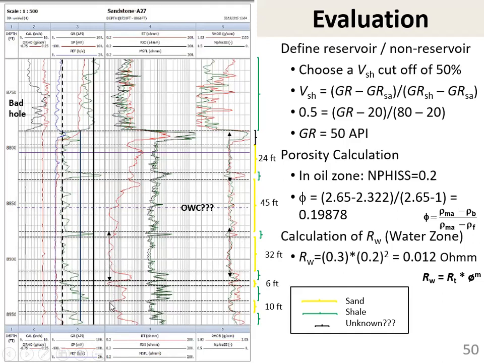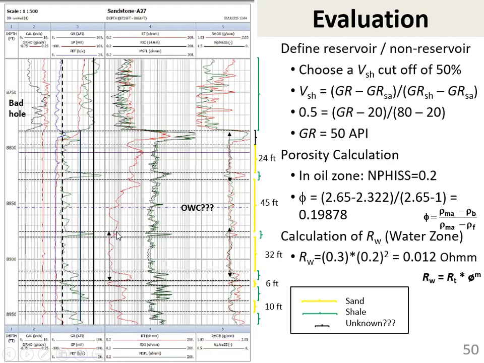And you see the resistivity here, quite uniform. So between 8,800 and 70, thereabout, to about 8,900 and maybe 15, thereabout, this is a clear water zone.